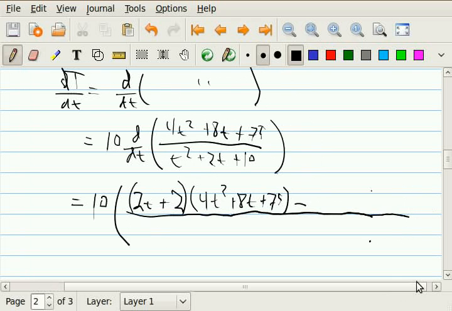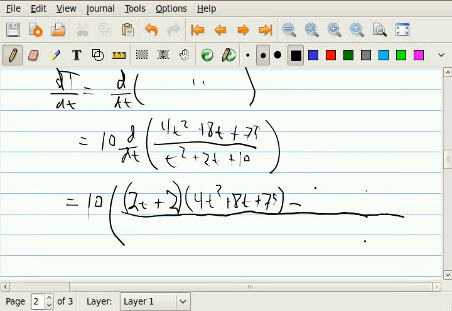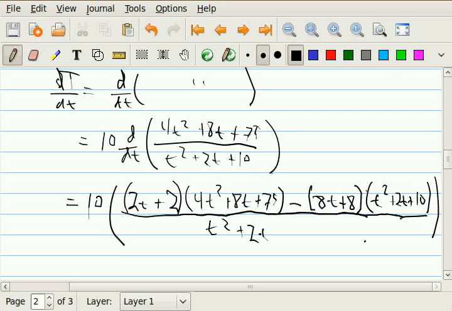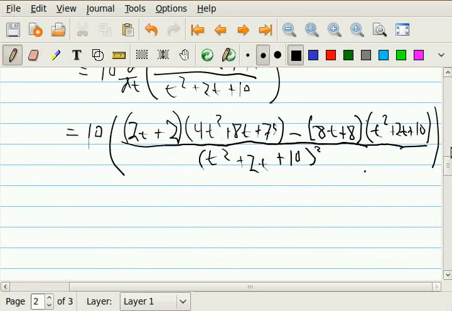Minus the derivative of the numerator times the denominator. Now the derivative of the numerator is going to be 8t plus 8, plus 0. Derivative of 75 is 0, and that's all times the denominator. And this is all over the original denominator squared. That's what goes in the bottom of the quotient rule, the original denominator squared.